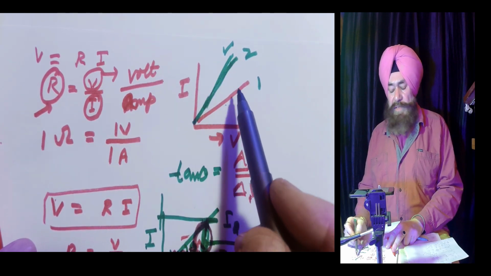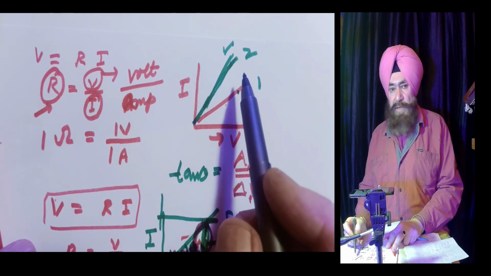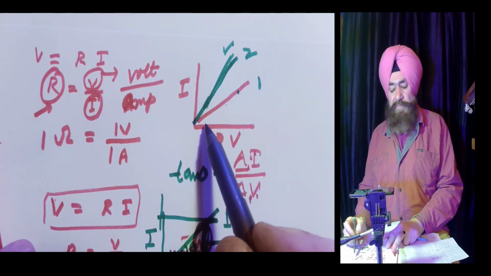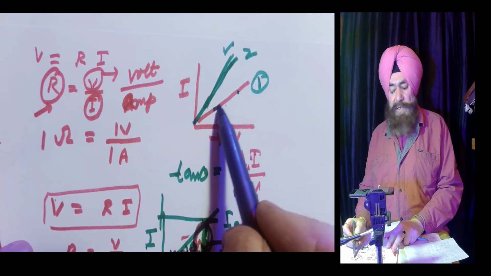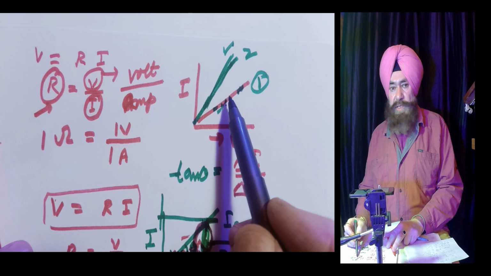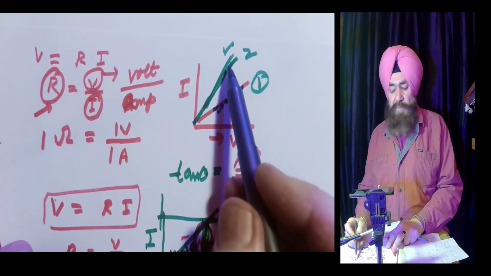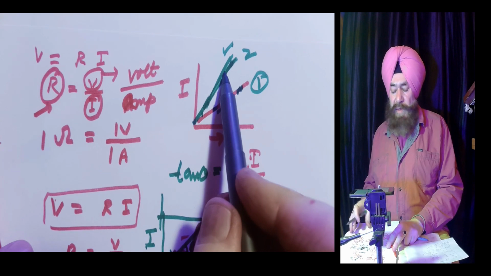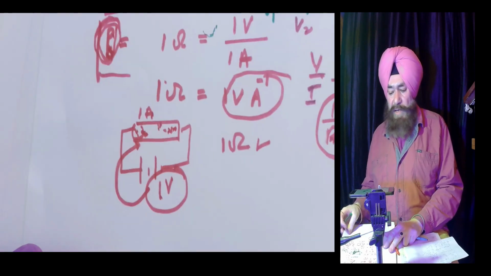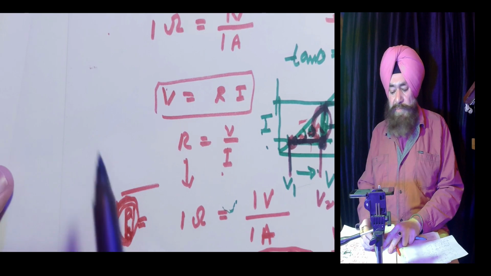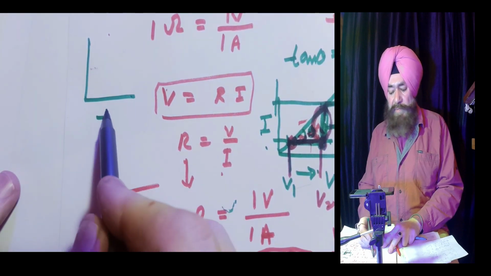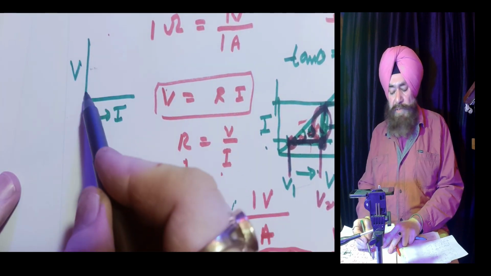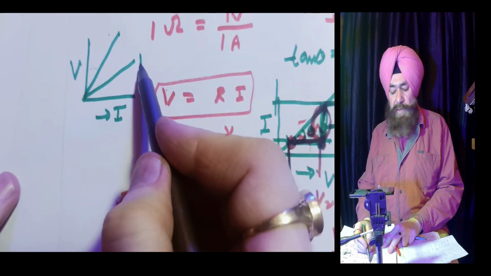If I say which is having more resistance, you will say line 1, because it is having less conductance, meaning more resistance. Here more conductance means less resistance. And it becomes the other way if I plot a graph between I and V. So this is 1, this is 2.